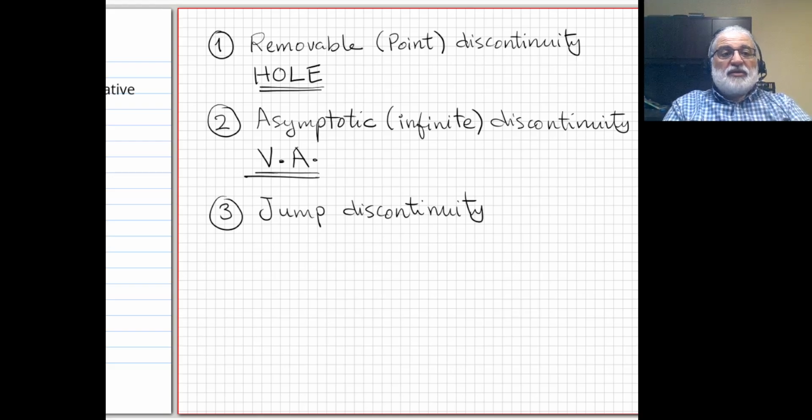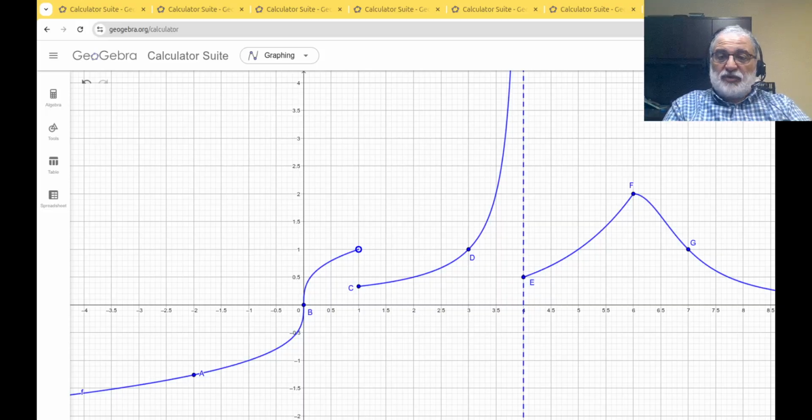So to recap, we will do a little practice here. Let me just prepare my screen. There you go. So we have this function. Obviously it's a piecewise defined function.